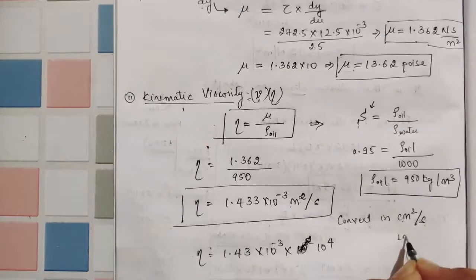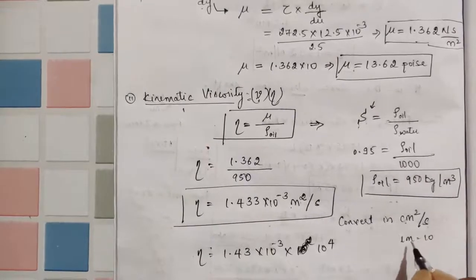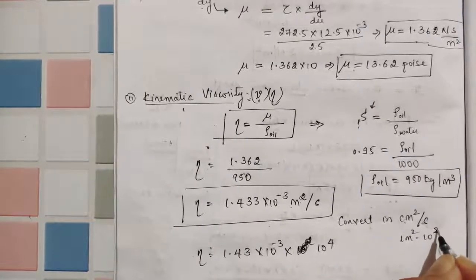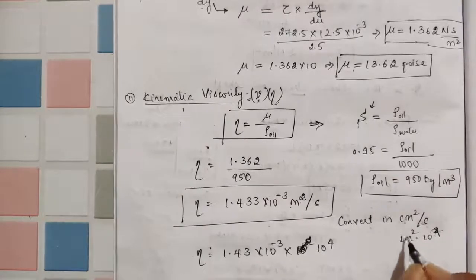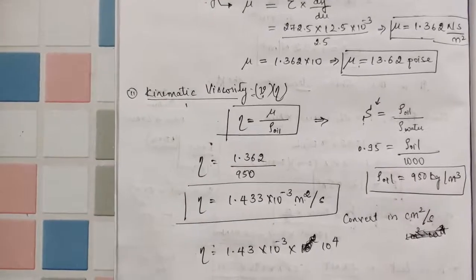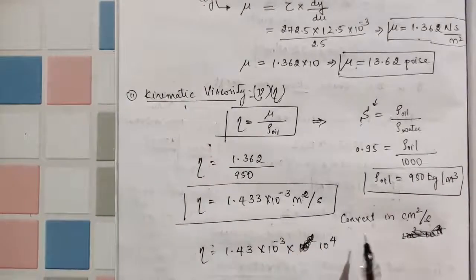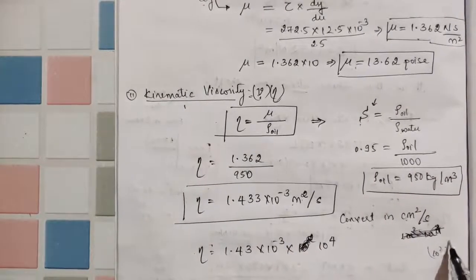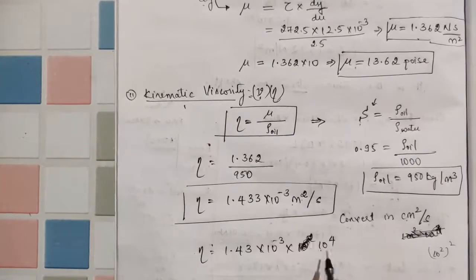So 1 meter is 10 square centimeter, right? Don't confuse: meter in the centimeter square. So meter square is 10 square into square, so 10 to the power of 4.